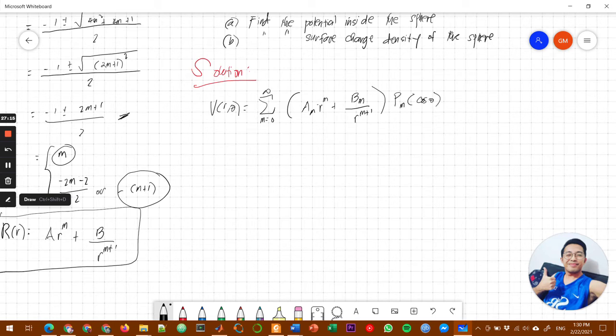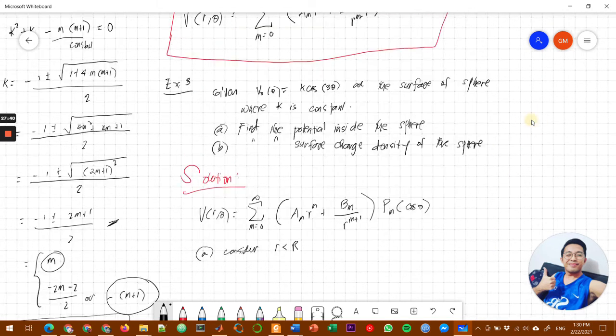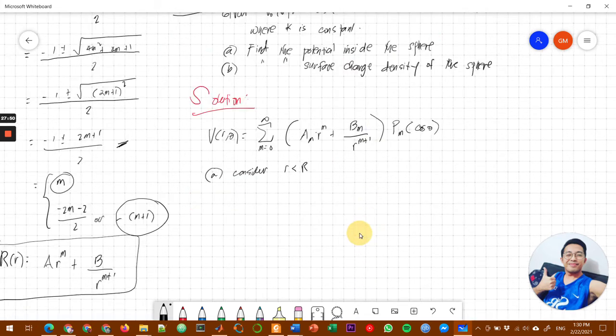Okay. Now, we want to find the potential inside. So, for letter A, let's consider r less than R. Because, let's say R is the surface of the sphere, of radius R. Okay? So, consider the potential inside.